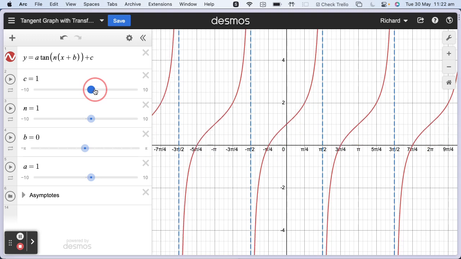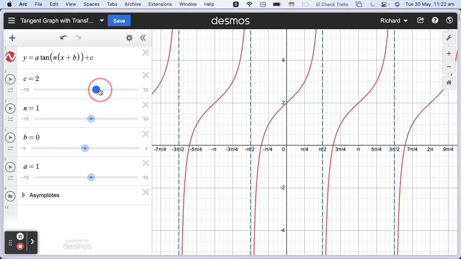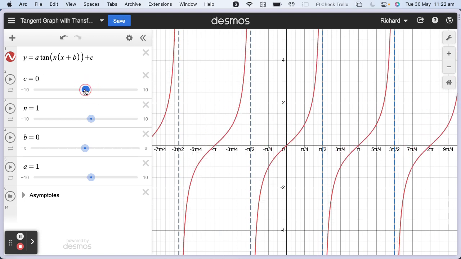As I go c equals 2, can you see now that the center is 2 units above? So if you think of this as a center point here, it's the center that has been increased up by c. Just like the sine graph, really. We look at the center and we reorient our graph based on the center. Okay, so that's that. Bring that back to 0 so we're not confusing things.